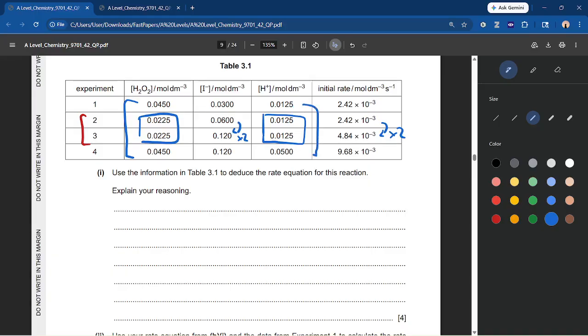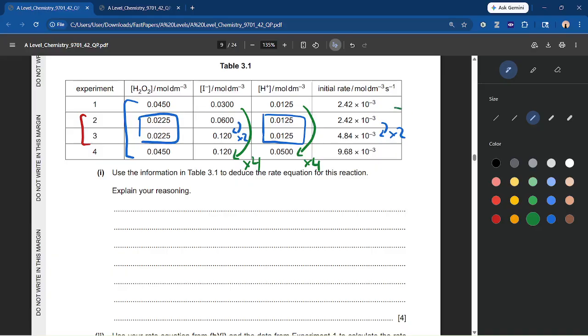Whereas this, 0.05 divided by 0.0125, is a times 4 increase. I can already tell that this is a times 4 increase too. So it's a different color because we're doing that. Let's use green. So this is a times 4 increase, and this is also a times 4 increase.